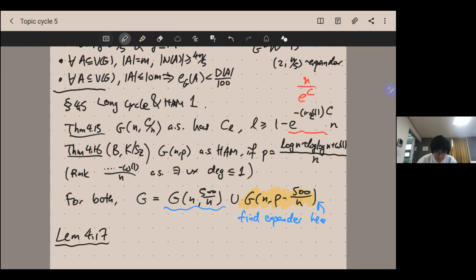All right. This blue part is implied by the following lemma, 417. We let C be large, and p be this threshold up there.